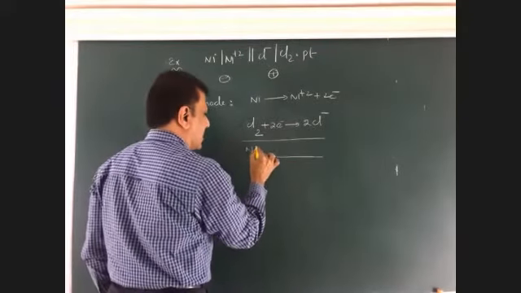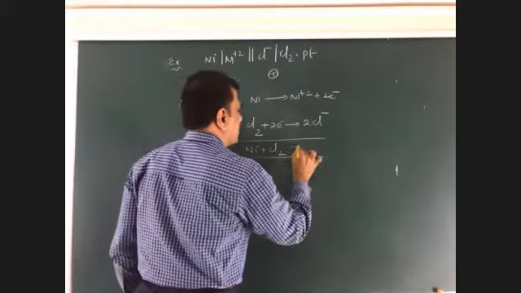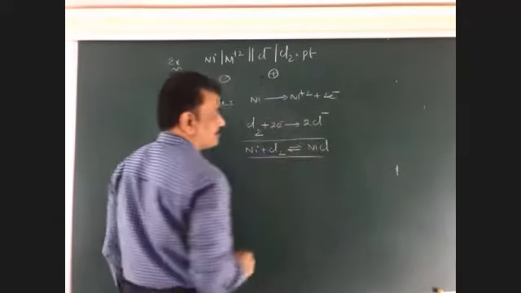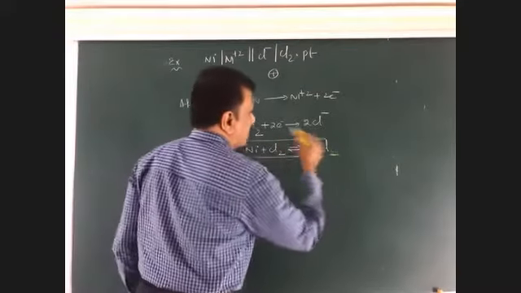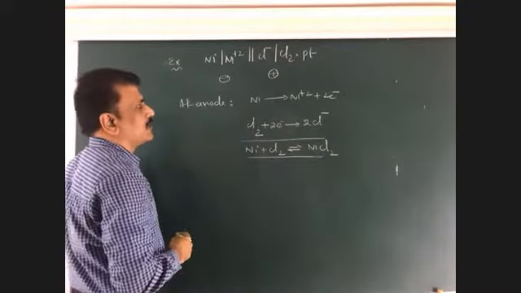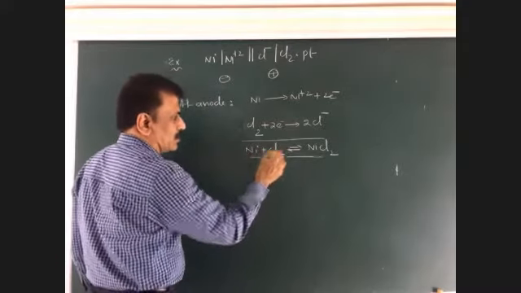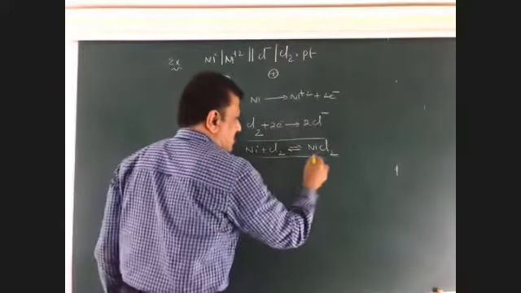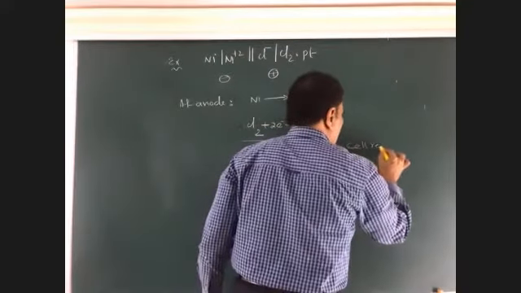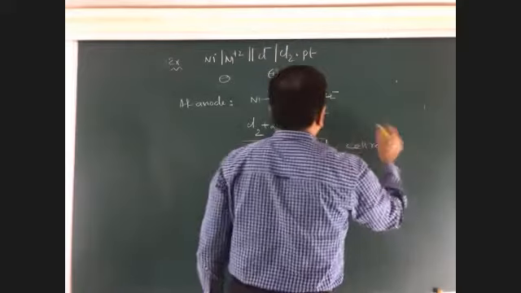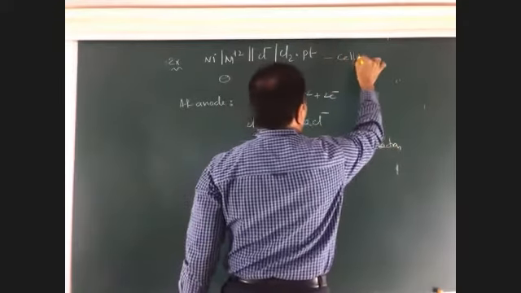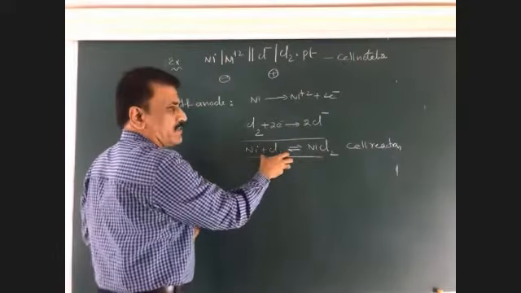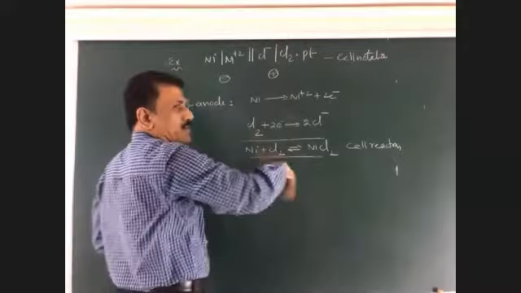Here, Ni reacts with chlorine, and it is reversible, to form NiCl2, nickel dichloride. So this is a redox reaction. How many electrons are involved? 2 electrons are involved. So this is called the cell reaction, and this is the cell notation. So if the cell reaction is given, you can write the cell notation and vice versa.